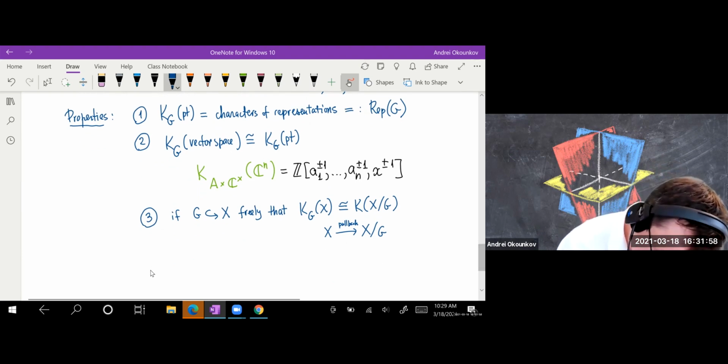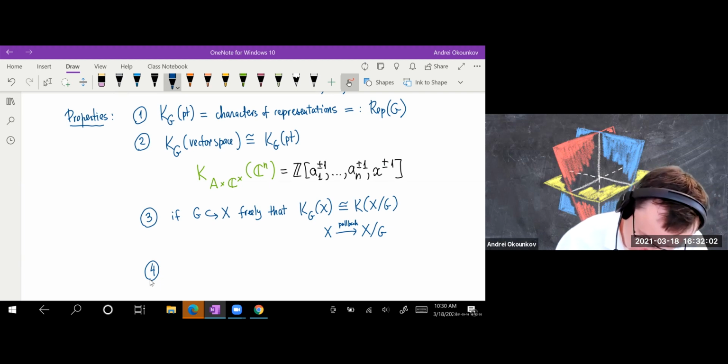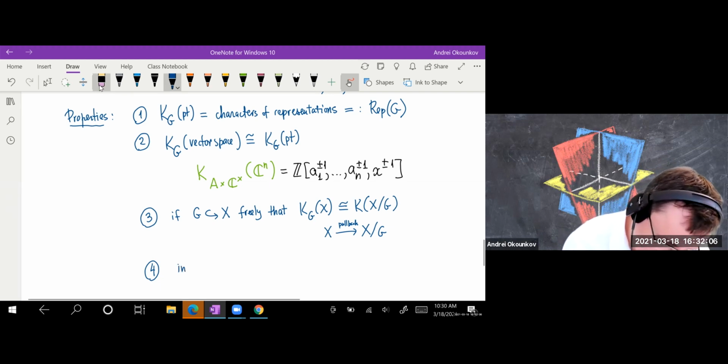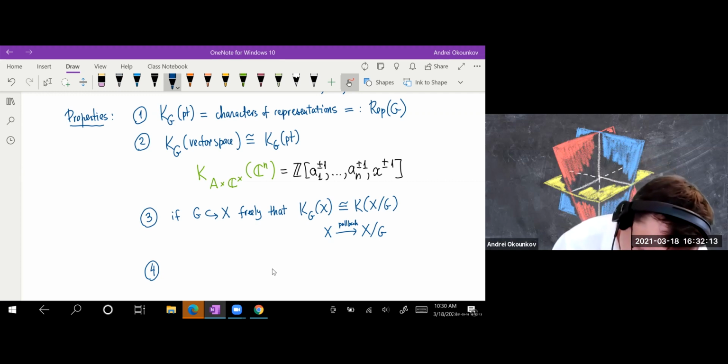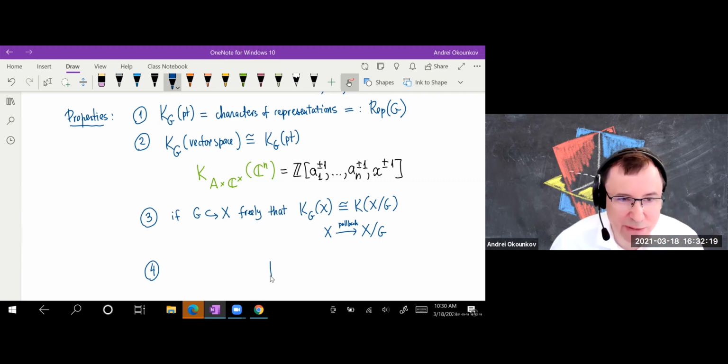And then, moreover, there's a fourth: there is an exact sequence. There's algebraic K-theory and topological K-theory. They're all the same in this case, but maybe I'll write it in a slightly ambiguous way.